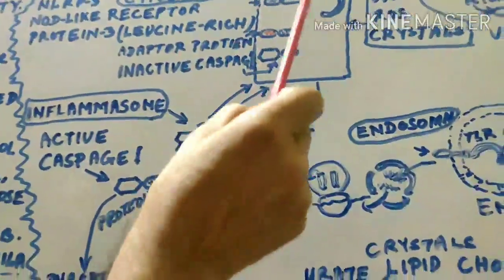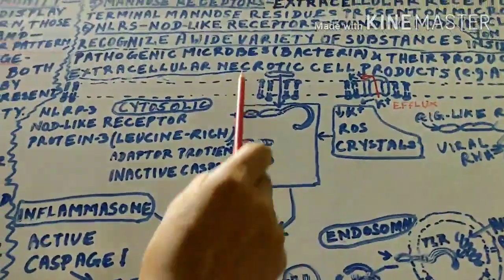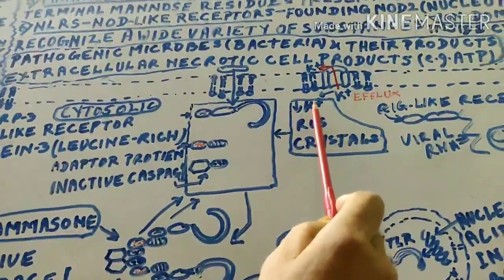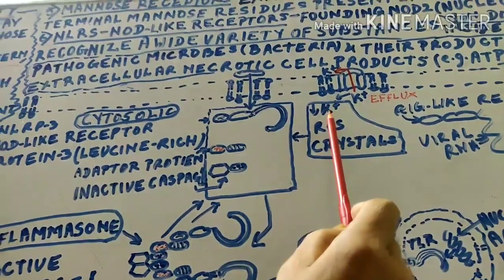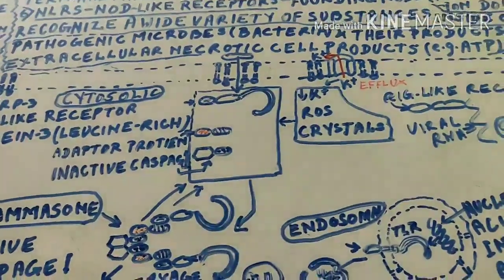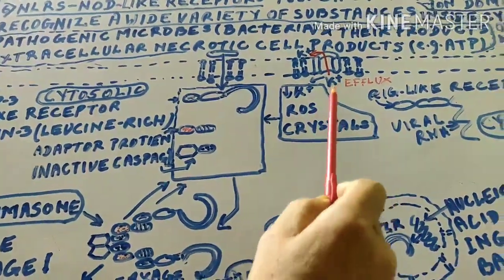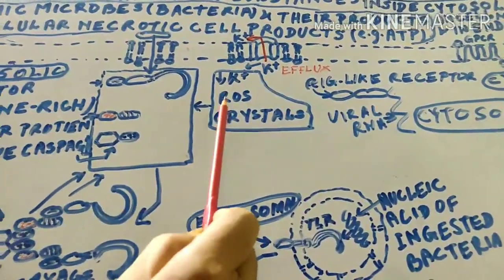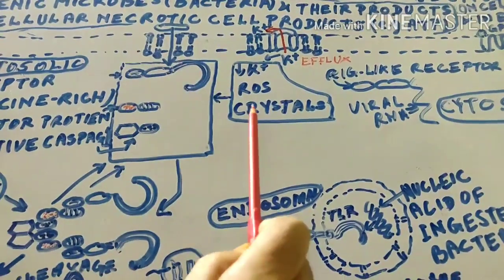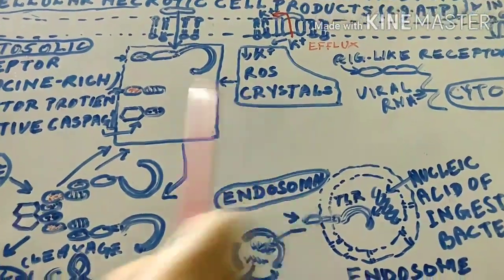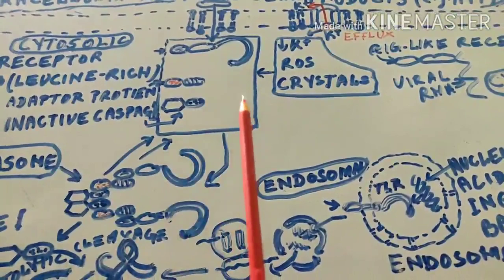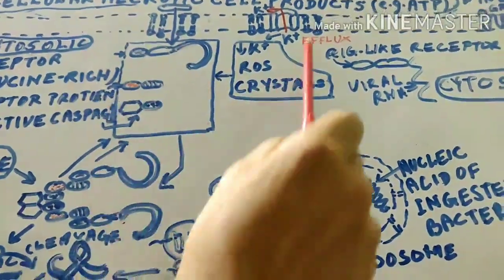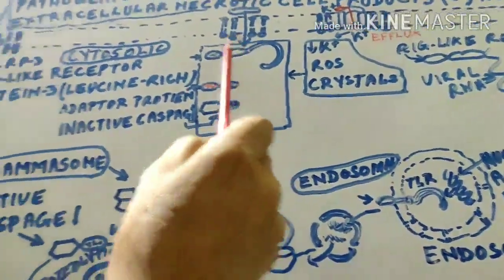Another point of stimulation is a lower concentration of potassium inside the cytosol, produced by the efflux of potassium outside the cell, reactive oxygen species, and the presence of crystals. Crystals may be urate crystals, lipid crystals, or cholesterol crystals, which I'll discuss later. All these things stimulate this.